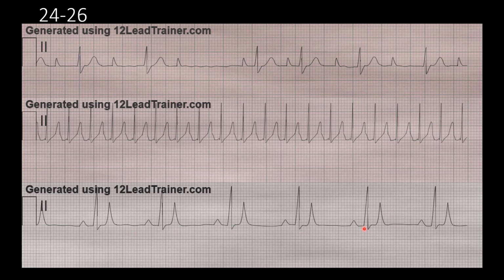There's one before every QRS with no extra or missing ones. Our PR interval is a little bit on the longer end, but still within normal at about 0.20 seconds. Our QRS is within normal range at about 0.08 seconds. So with that, we would call this a normal sinus rhythm.